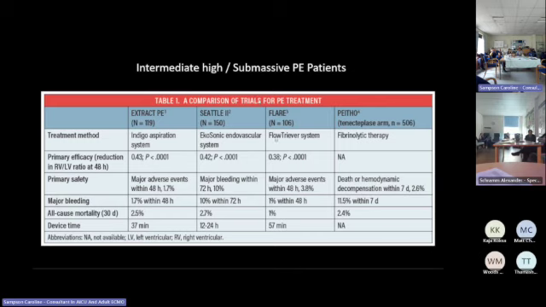The thing I wanted to get across from this slide is that it's a very safe device with a major bleeding rate of 1% within 48 hours, and the device time of usage compared to some other devices is very short at about 1 hour. So that compares to a thrombolytic infusion, which used to be the case, and that used to be 48 to 72 hours and required several visits to the IR department.